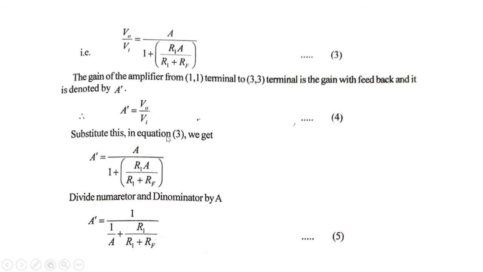Substituting this in equation 3, we get A dash equal to A upon 1 plus R1 A upon R1 plus Rf. Now dividing numerator and denominator by A, we get A dash equal to 1 upon 1 upon A plus R1 upon R1 plus Rf.